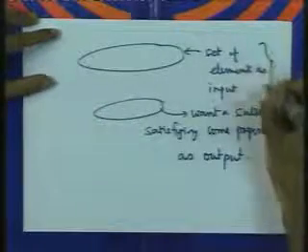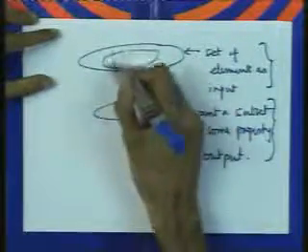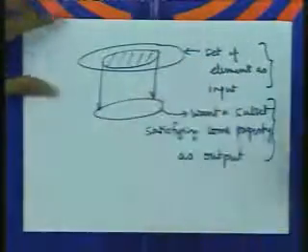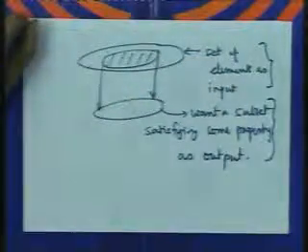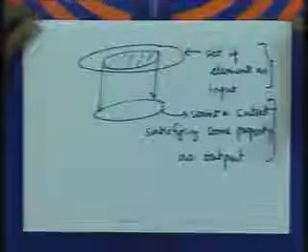Your input is a set of elements and you want a subset of this. Okay, you want a subset of this which satisfies some property as output. The first two problems were absolutely like this. Okay, what was your input? Initially it was a tree.